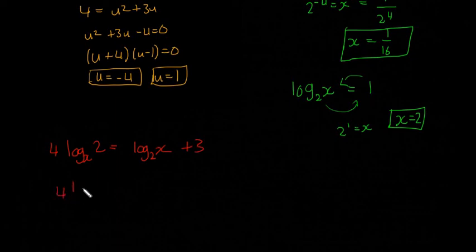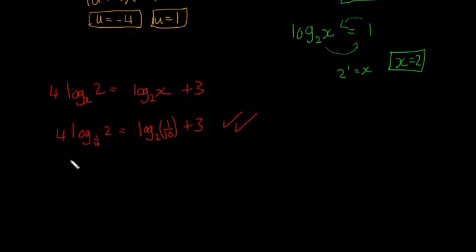So it's going to be 4 multiplied by log base 1 over 16 of 2 is equal to log base 2 of 1 over 16 plus 3. If you want, you can work it out and simplify it, but for checking answers, you can just stick it into your calculator and you'll find out that this side equals that side.